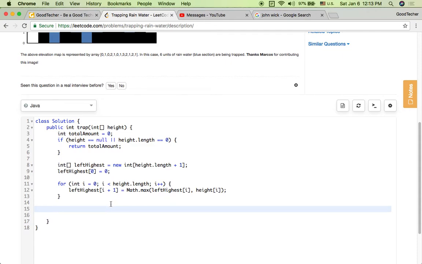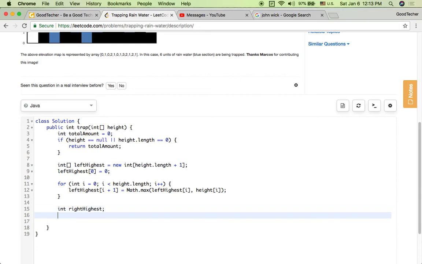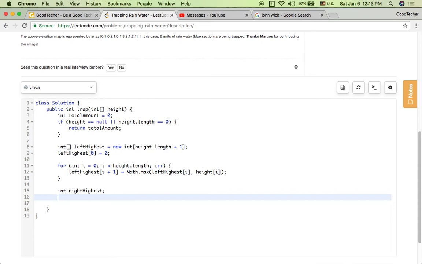And here we can have one variable called right highest. So we can start from the right side. This is the second iteration. So the first time we get the left highest, and the second time we start from the right side to compare with the left highest and the right highest. So i equal to height.length minus 1, and i greater or equal to 0, i minus minus.